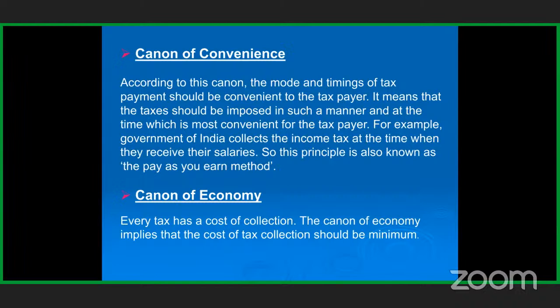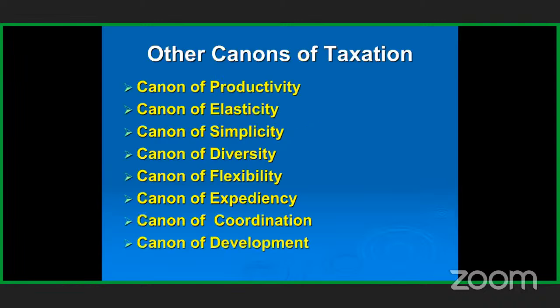And other economists also suggested some more canons of taxation. Other canons of taxation. Canon of productivity. This canon of productivity was formulated by classical economist Bastable. According to Bastable, this canon of productivity is also known as canon of fiscal adequacy.